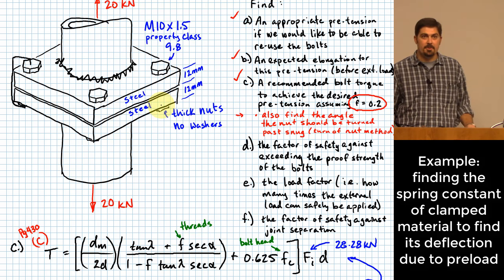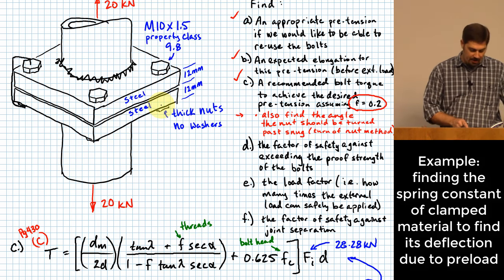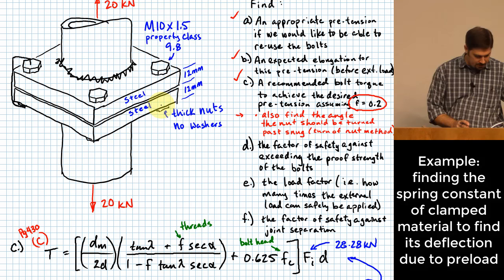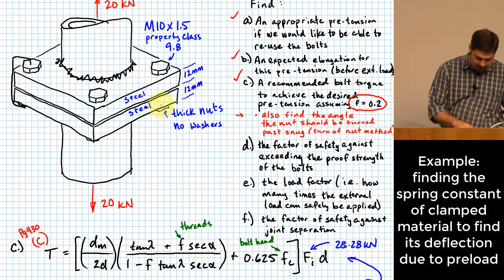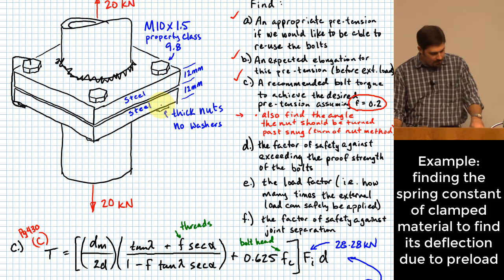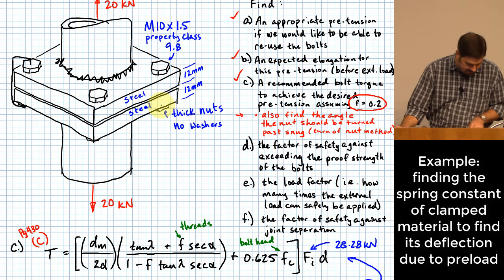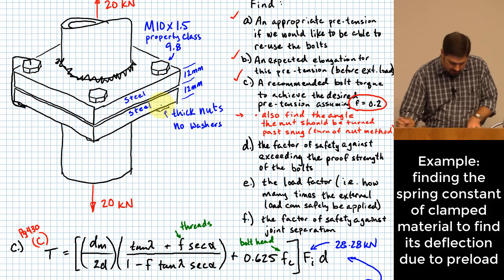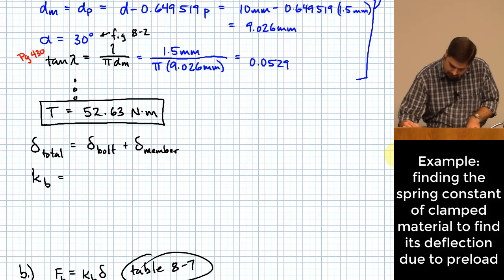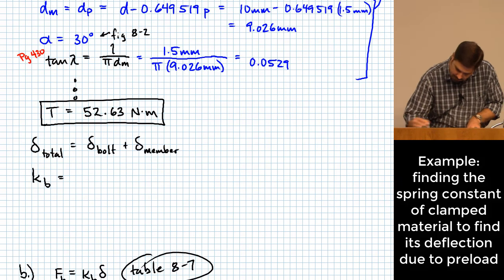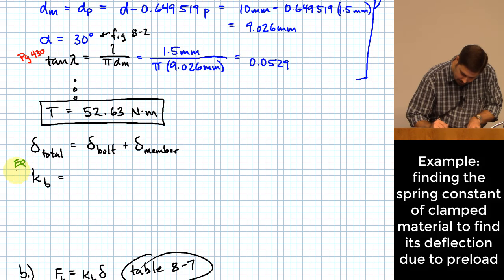That's nice. If you have uniform material throughout the entire grip, you can flip back over to section 8.5, page 421, and they actually boil this down to equation 8.22. Okay, I'll put that right here, equation 8.22.